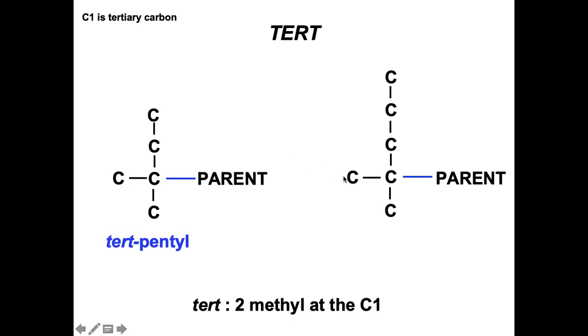Another way of representing tert, as usual, carbon number 1, carbon number 2, carbon number 3, start counting from the bond attached to parent. And you have 2 methyl at carbon number 1. 1, 2. 2 methyl. Total number of carbons 5, so tert-pentyl. And this one, tert-hexyl, 2 methyl at carbon number 1.